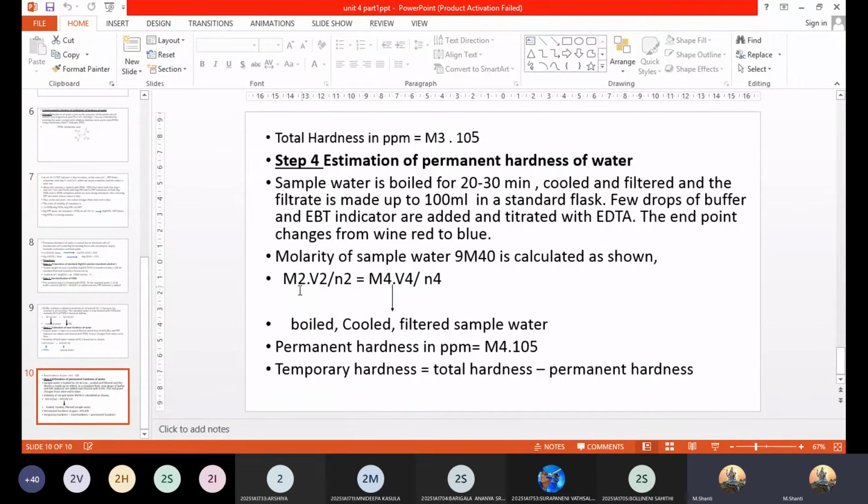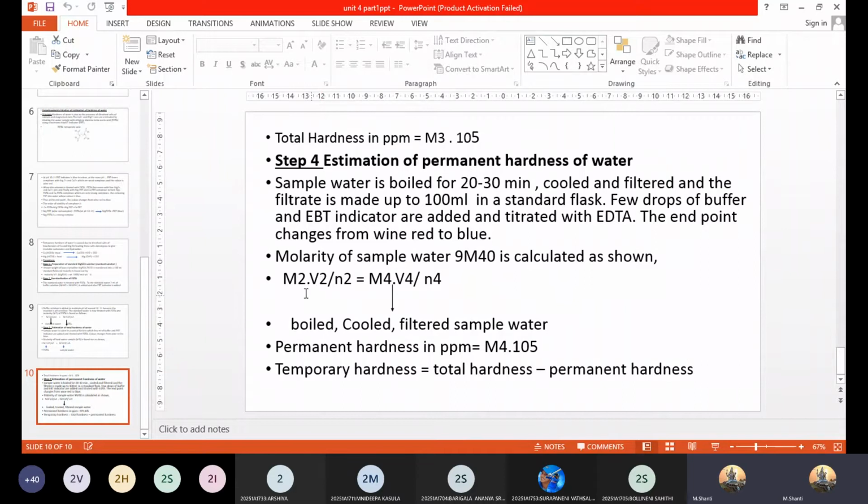Now, coming to the calculation part: M2 V2 by N2 equals M4 V4 by N4. What is this M4? M4 is the molarity of the water sample in step 4. V4 is how much you have taken in the conical flask, and N2, N4 are 1 each. M2 remains the same as your EDTA molarity, and V2 will be your burette reading, depending upon the volume of the EDTA solution consumed, which must be substituted here.